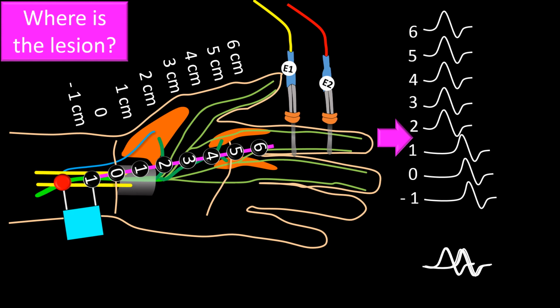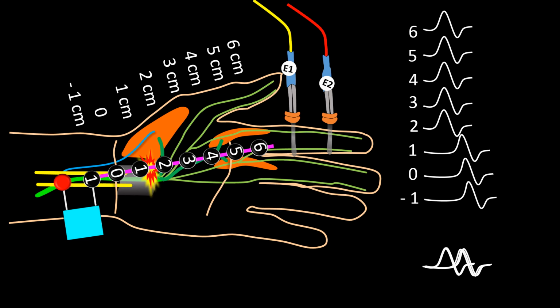Hence, a change has occurred between +1 and +2, which corresponds to the outlet of the carpal tunnel canal, the most frequent location of entrapment. And so, in this case, the entrapment occurred at that site.